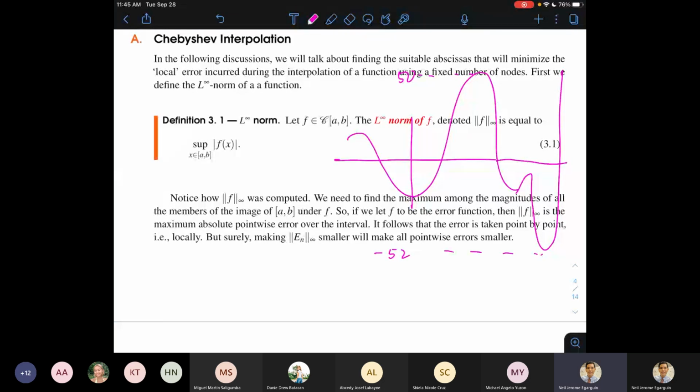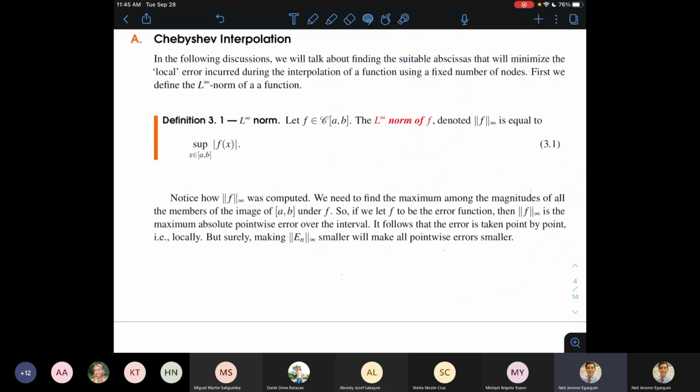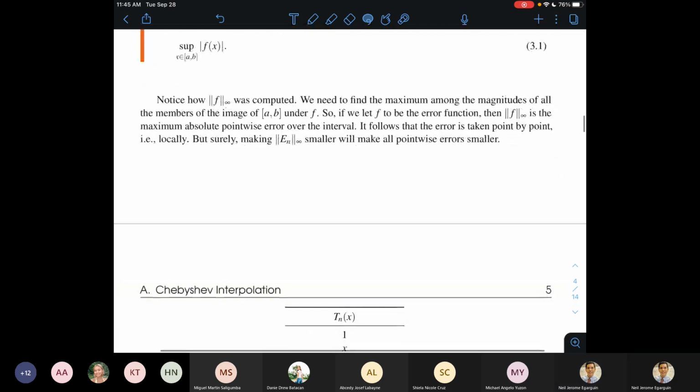So ang L infinity norm ng function f na to ay positive 52 because you get the maximum of the absolute values. So it's either the magnitude of the highest point or the magnitude of the lowest point. So that's what the L infinity norm is. Okay, I hope that's clear. Kung ano yung L infinity norm. I don't know if you have encountered the L infinity norm before, but that's what it is.